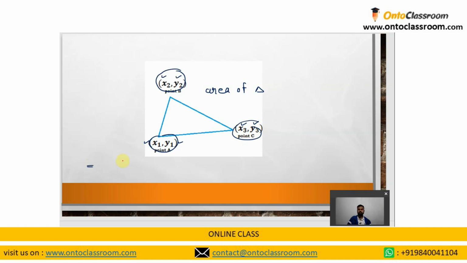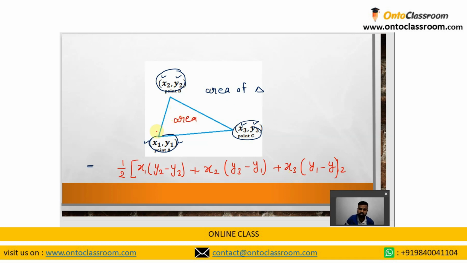The formula is 1/2 [x1 (y2 minus y3) plus x2 (y3 minus y1) plus x3 (y1 minus y2)]. This is the formula with the help of which we find the area of any triangle when these 3 points are given. Clear that?